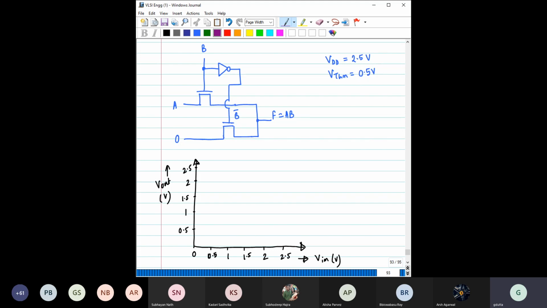So for example, for the first case, we will assume B is equal to VDD and A is changing from 0 to VDD. This is case 1. So case 1 is B fixed to VDD and A changing from 0 to VDD. Now this is equal to VDD, so that means this is 1, and A is changing from 0 to VDD.